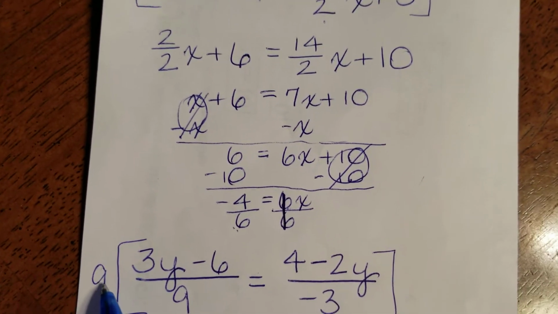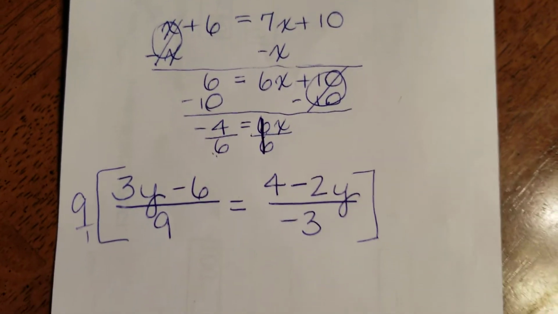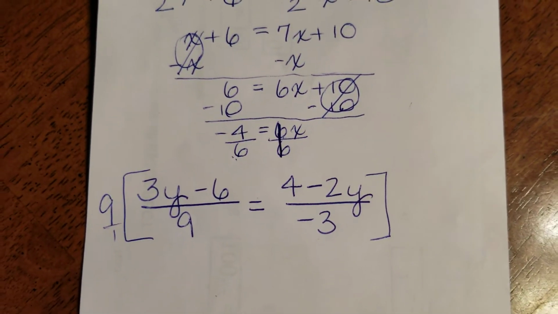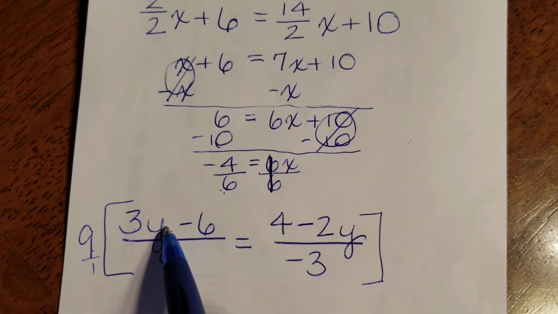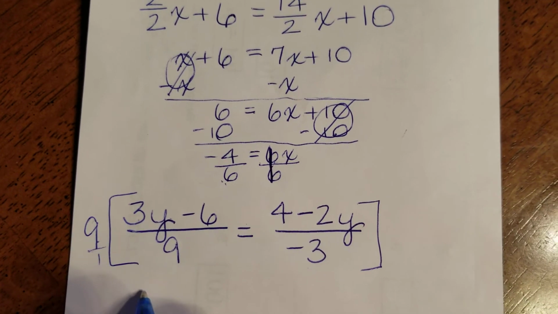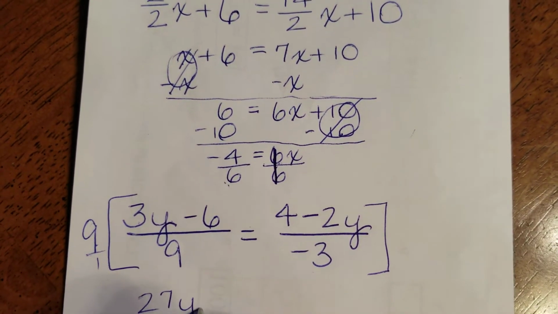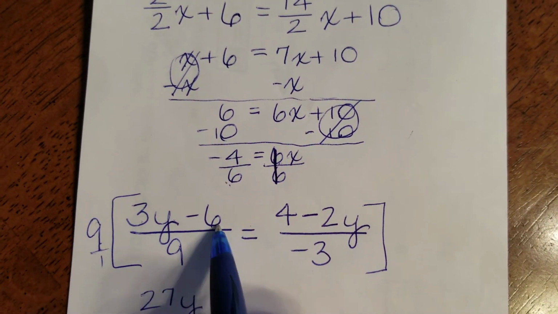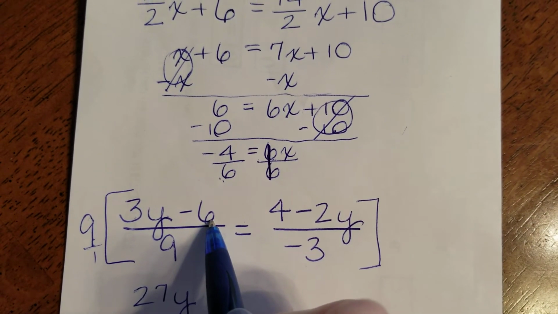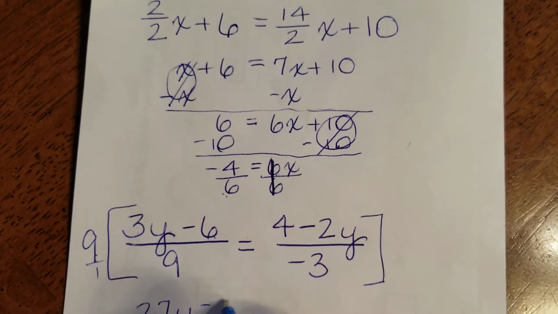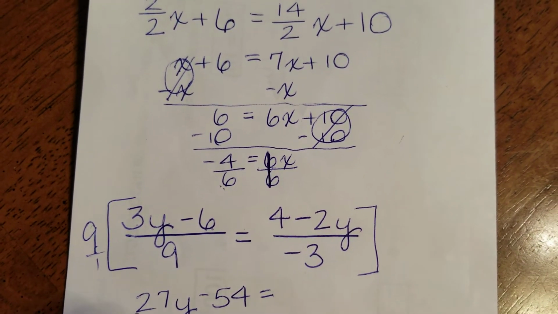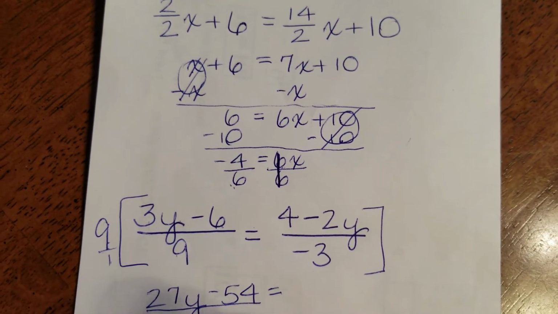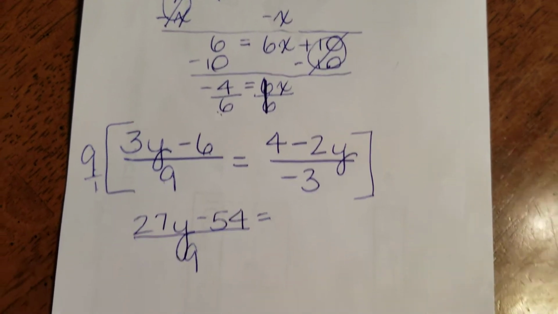So in this case, this is 9 over 1. Remember, this is just a funny looking fraction. So 9 times 3y will give us 27y. And 9 times -6 is -54. And remember, now the denominator is still 9, correct?